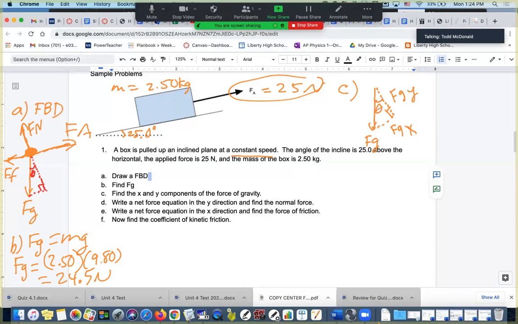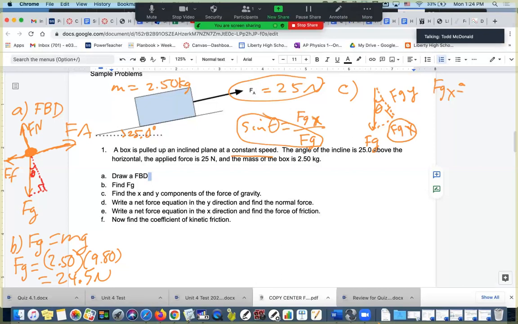Now, this is a little bit different than what we did with forces at an angle, and here's why. If you think about which force is opposite the angle, it's your FGX. So to find FGX, remember the opposite side is going to be the sine ratio. So sine of theta is, in this case, FGX over FG. If I cross multiply, it's these two multiplied together to equal FGX.